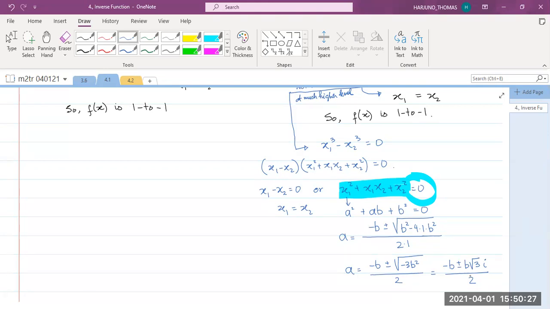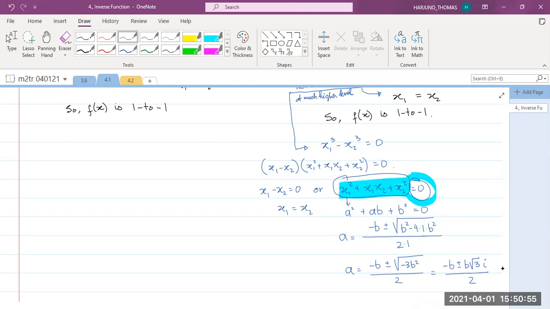So are there two different numbers that when you do this operation, the result is 0? And the answer is yes, you have such a thing, but at least one of them has to be a complex number. But we are dealing with only real numbers here.